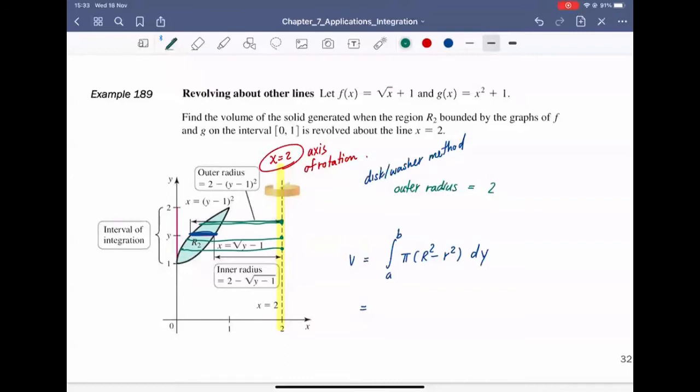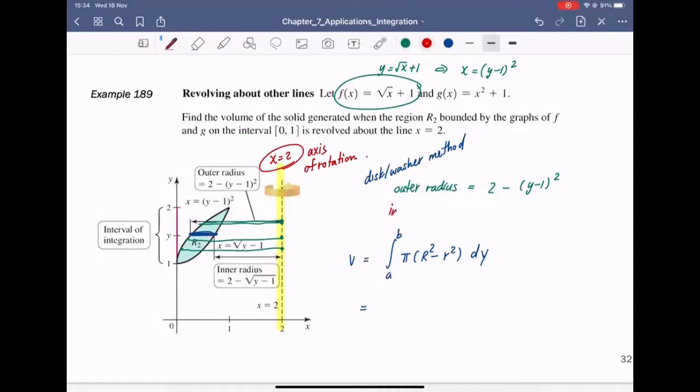The left hand side is y equal to square root of x plus 1, but you need x in terms of y, so it's going to be x equal to (y minus 1) squared. That means the outer radius is going to be 2 minus (y minus 1) squared. Does it make sense? Because the right hand side curve is going to be x equal to 2, and the left hand side curve is going to be x equal to (y minus 1) squared.